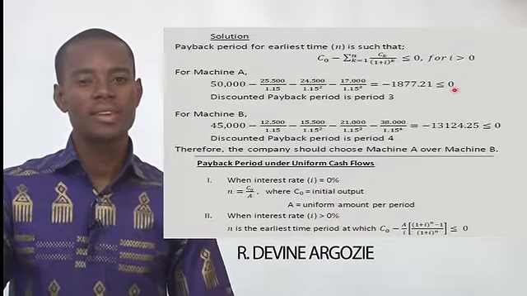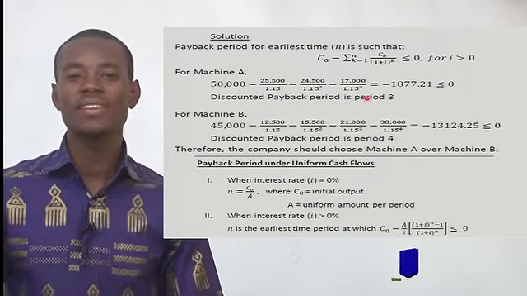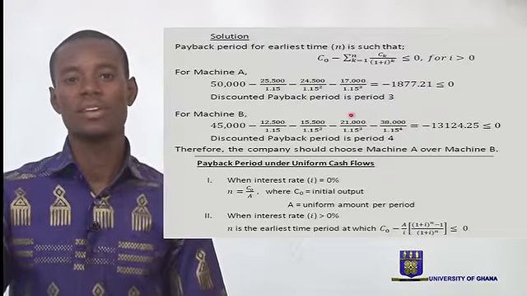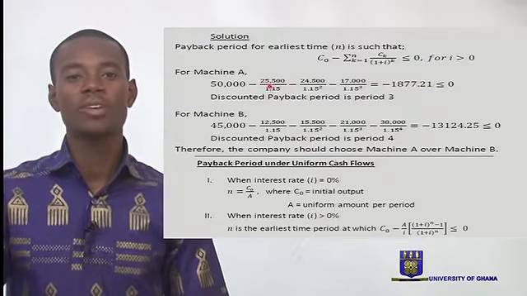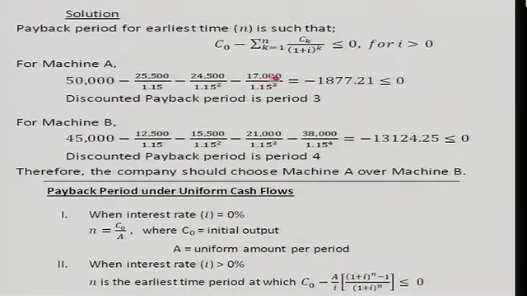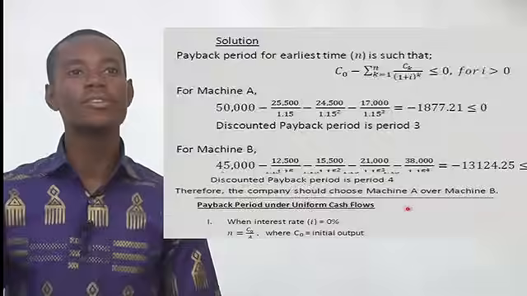Now, there's something a little peculiar about this. You do notice that the inflows happen to vary from year to year. And so we had to use the present value approach, which is for just a single value. Now, how about the case of having a uniform cash flow?